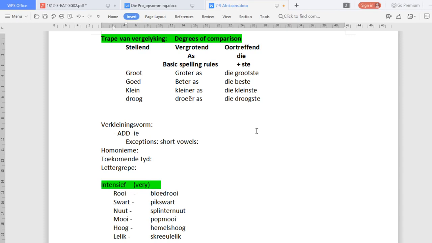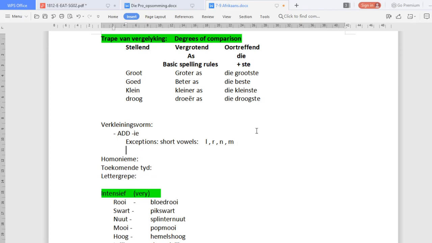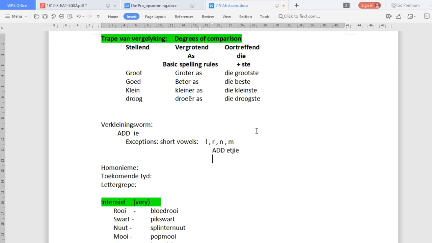L, R, N, M. Okay, so for all of these ones, we add ETJIE. So let's see. Let's say man, that ends on an N, is mannetjie.